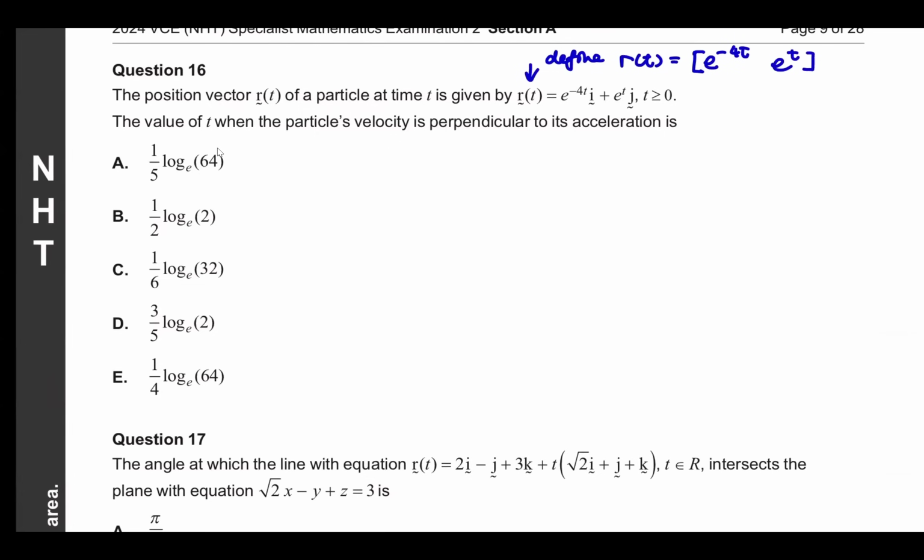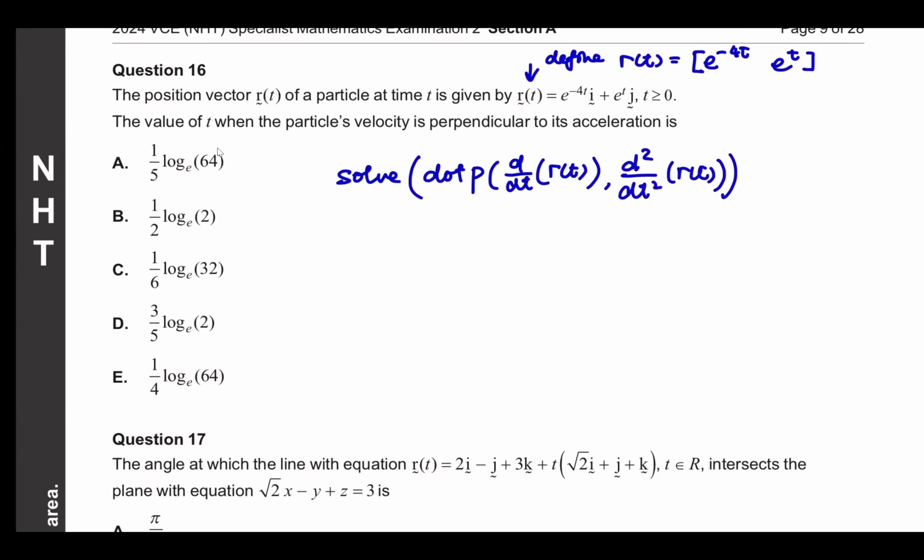And then, because the velocity is perpendicular to the acceleration, you could solve an equation: dot product of the first derivative of the position vector and the second derivative of the position vector equals 0 for t, okay? So that is another outcome 3 question, I suppose.